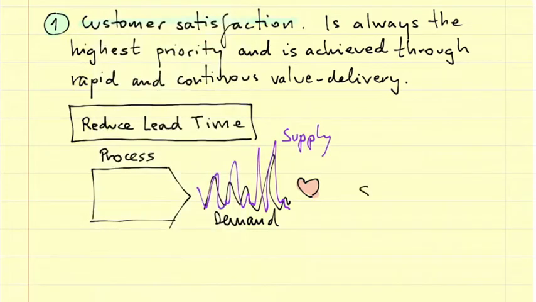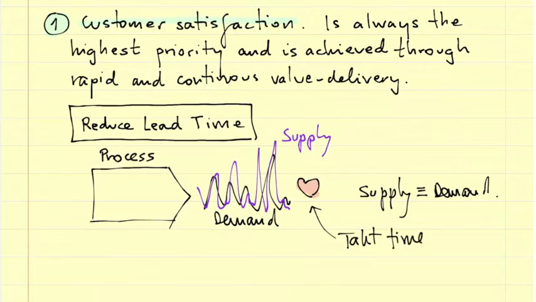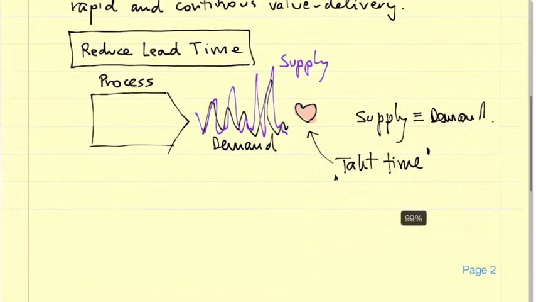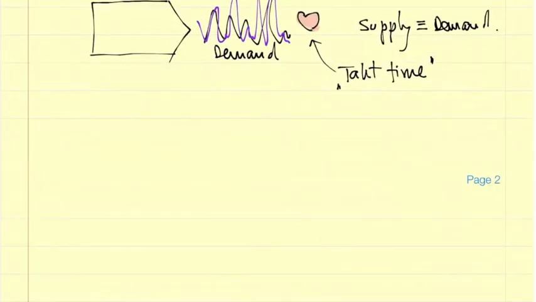So we want our supply to be equal to the demand. This is called takt time. Those are concepts that you should know already, but let me just repeat them. We want customer satisfaction by reducing lead time. Questions?